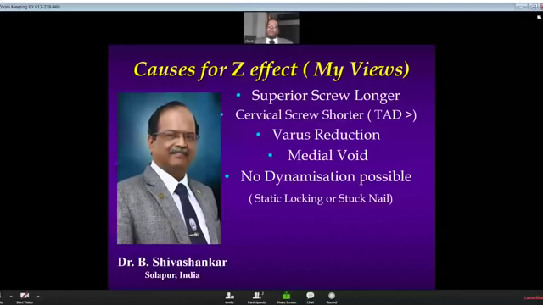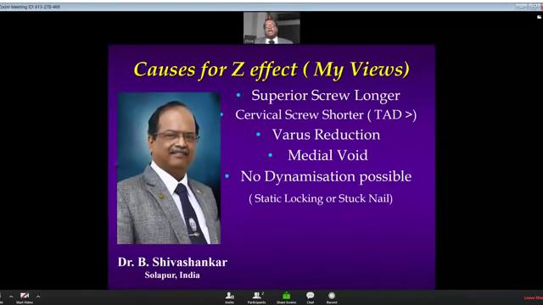Friends, this is a topic for debate, because many of my friends do get good results with static locking, and I am the only one proposing dynamic locking for many years. And again, as I said, over 95% of patients, whether you do static locking or dynamic locking, do well without any problem.